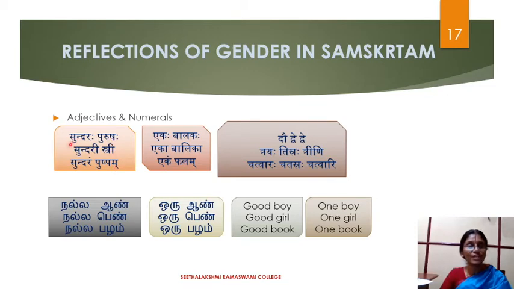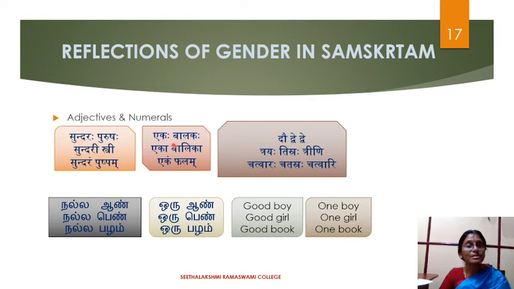For these we have the adjectives: Sundaraha Purushaha, Sundari Stri, Sundaram Pushpam. See here Sundaraha, Sundari, Sundaram. There is a change in the adjectives. So adjectives reflect gender as far as Samskritam is concerned.